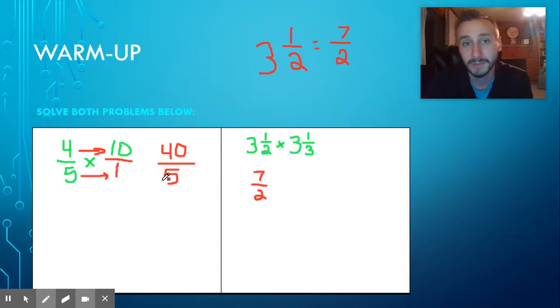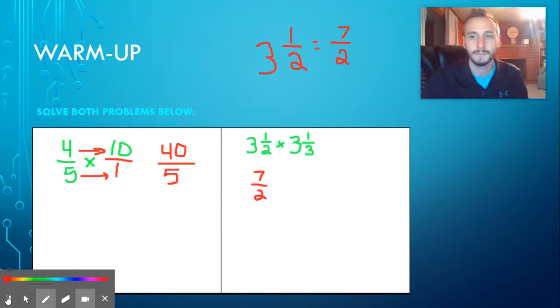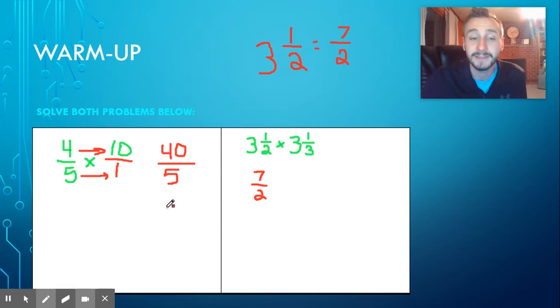You don't want to leave it this way. But one other thing to think about, and I think I said this in the last video, fractions are just division. So if this is 40/5, what it's saying is 40 divided by 5, which is what? 8. So 40 divided by 5 gives you 8.